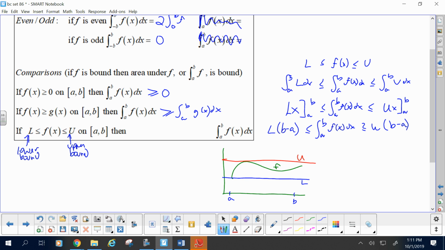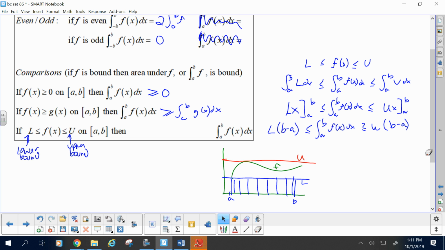What does this side represent geometrically? The area of that rectangle. Isn't that a height of L and a base of b minus a? Yeah? All right. And I think you'll agree that the area under f is greater than that blue rectangle.